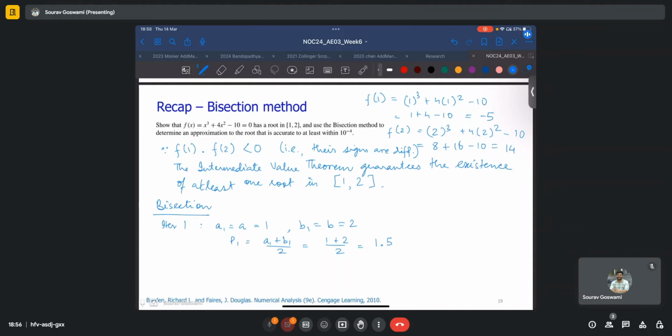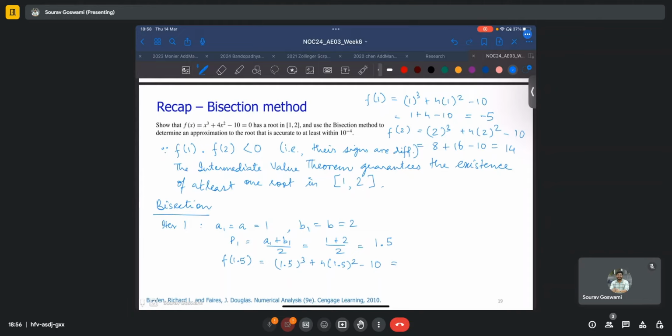We also compute the value of the function at this. So this is 1.5 cube plus 4 times 1.5 square minus 10. I'll just use a calculator for this.